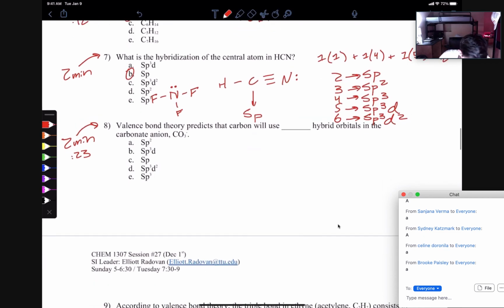So we need to draw our structure for CO3 minus. So this one is going to look like this. Okay, so we have 3 oxygens and we have 1 carbon, and so our structure ends up looking like this. So we sum up our valence electrons and we arrange them like so.